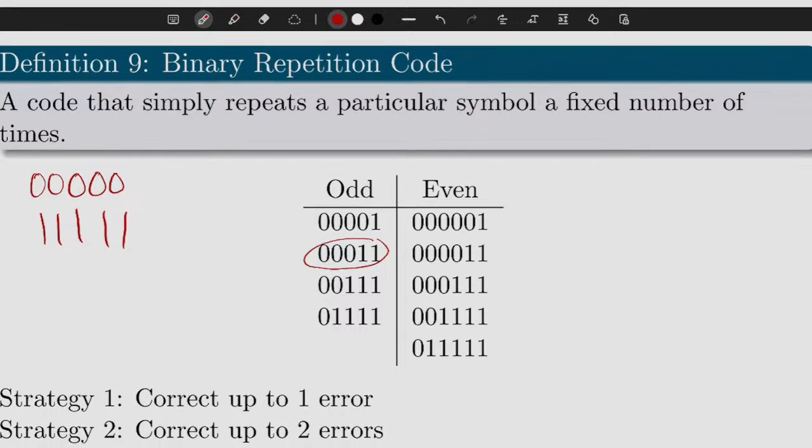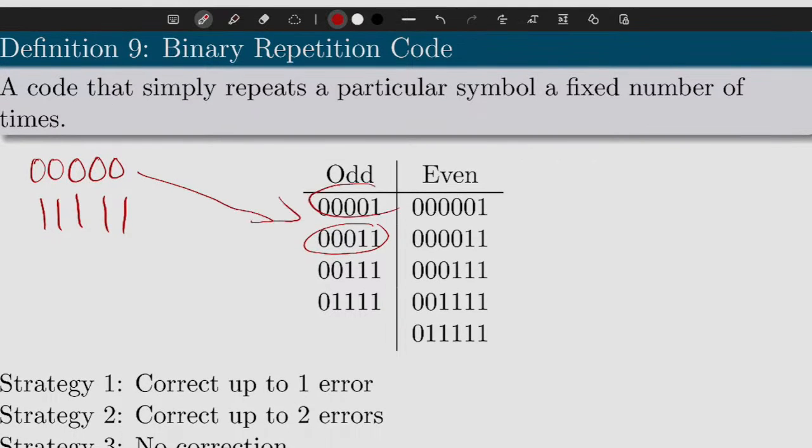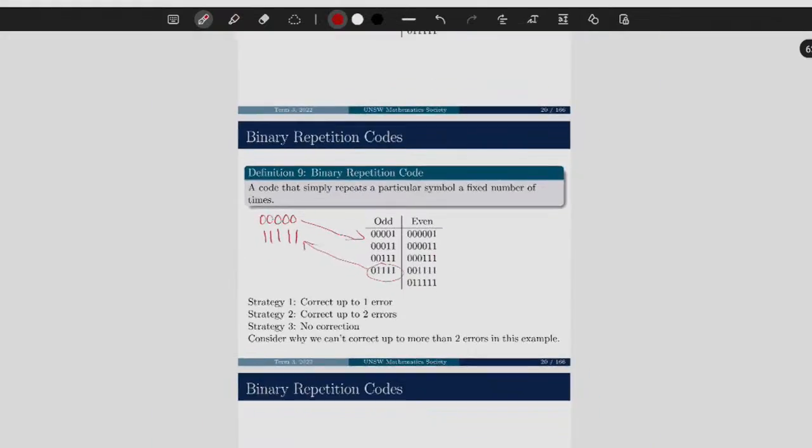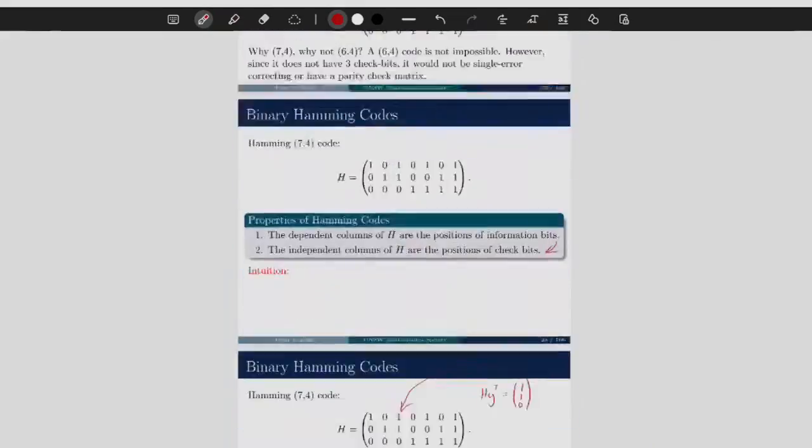We could have easily said, well, this only differs from the original code word by 1. The only difference was that one last bit there. So hence I could correct up to 1 error. Same with the second one, I could say it has a difference of 2, and same with here, I could say that has a difference of 1 as well. And that's essentially the idea of those distances.